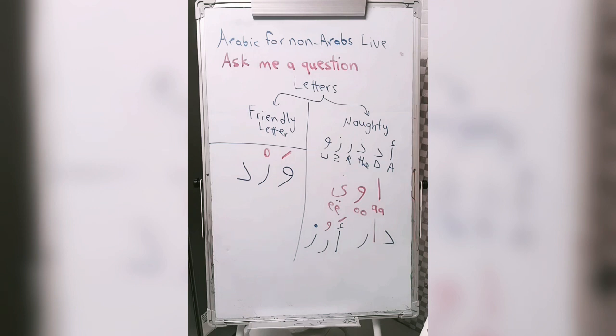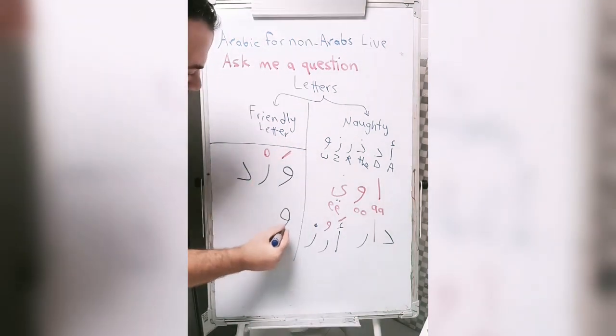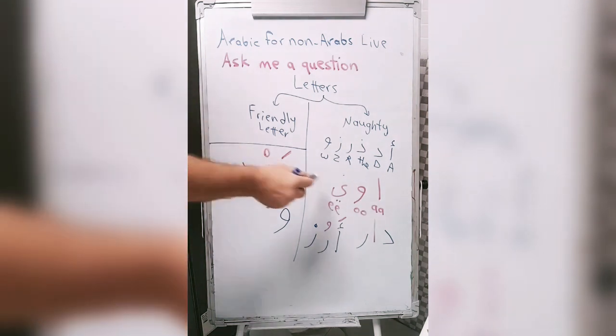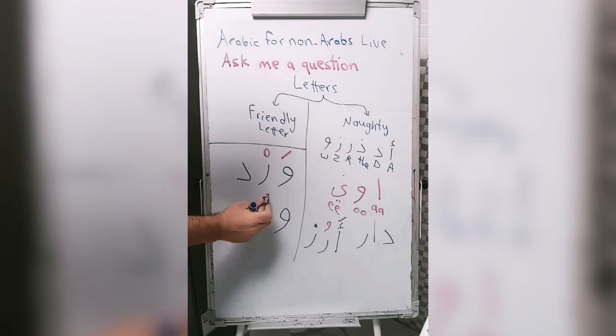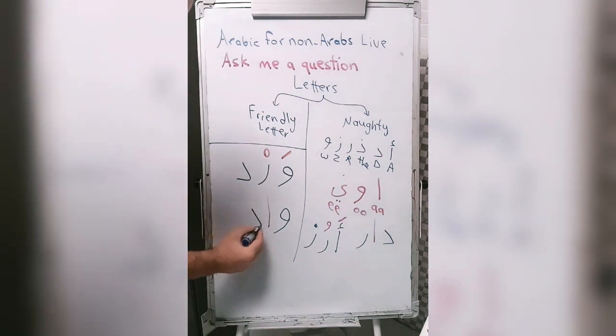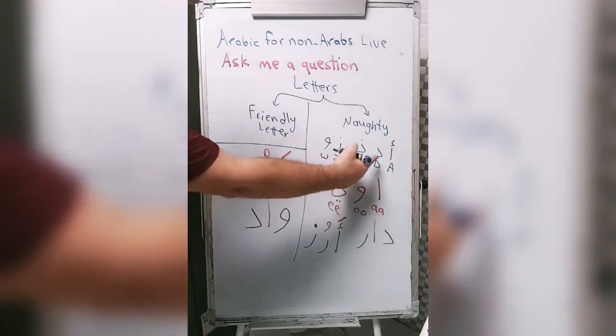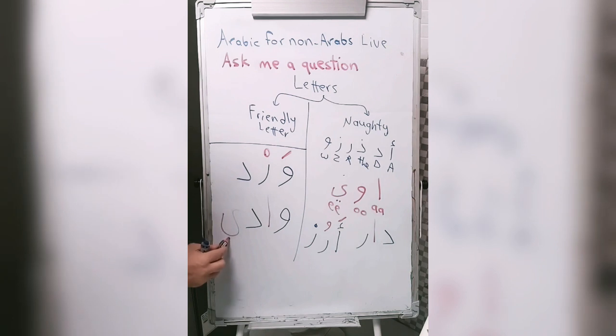Okay, so let's take another word. I'm going now to add letter wa again, but this time I'm going to take sound from here. And this sound is wi, and then another letter, d. And then I'm going to add the sound E. Can we try reading this word?